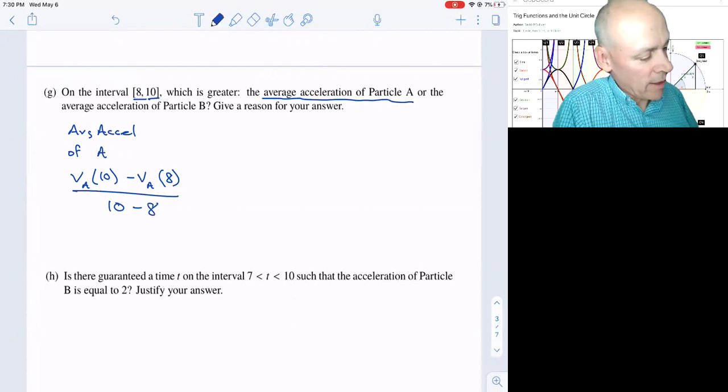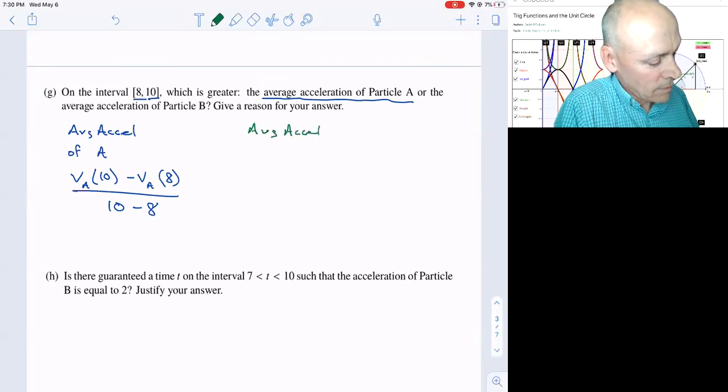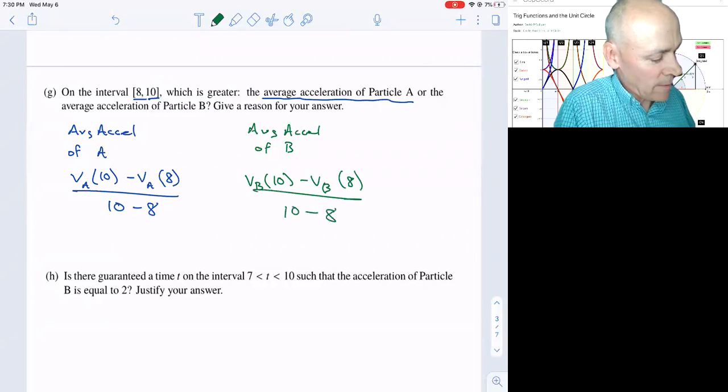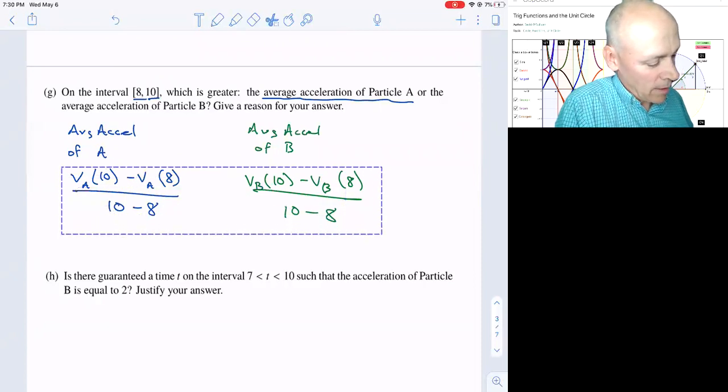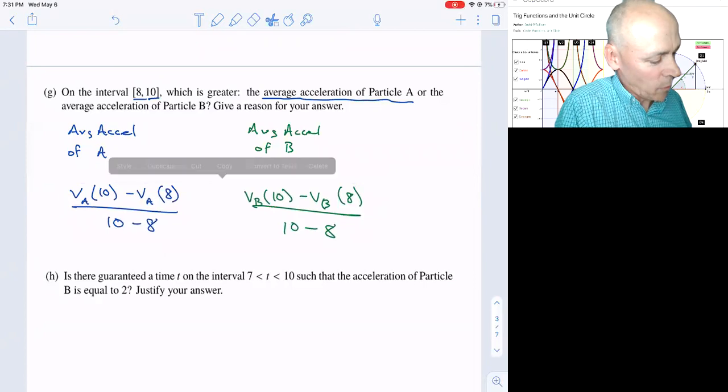Okay, and in corresponding fashion, the average acceleration of B is going to be exactly the same, but it's going to be the velocity of B at 10 minus the velocity of B at 8 over 10 minus 8. So then really all I've got to do is drop in the function notation here and figure out what those velocities are.